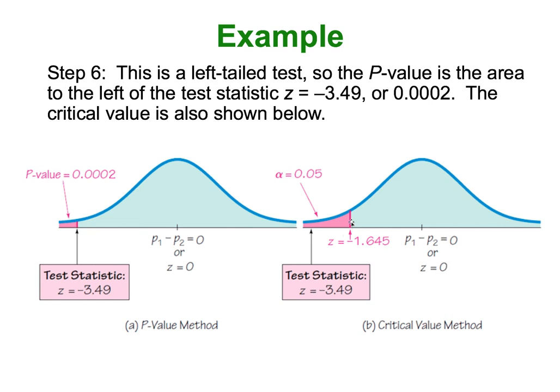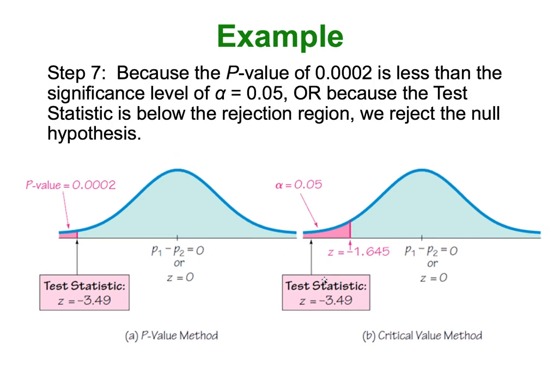You would have a positive 1.645 for your critical value and a positive 3.49 for your test statistic, and we would come up with the same conclusion. As it is, the test statistic is below the critical region, and because it is, we reject the null hypothesis because this is the rejection region.